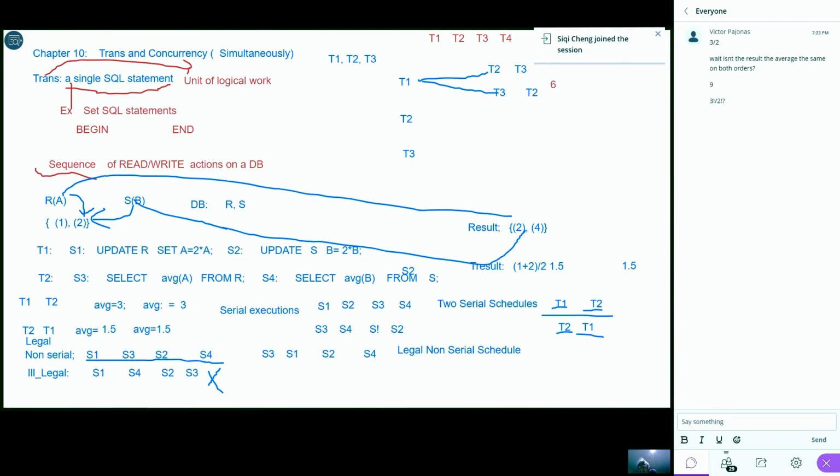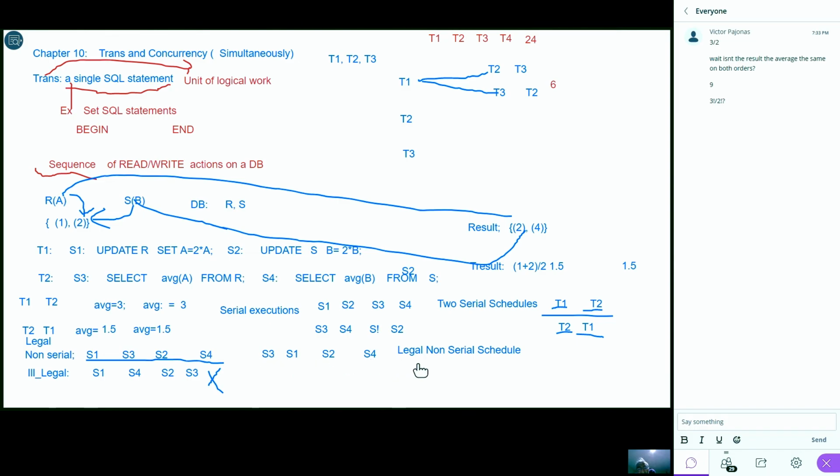Databases execute thousands of transactions per second. If they had to worry about only serial schedules like this, it won't work. So this is why we look for ways to take a non-serial legal schedule.